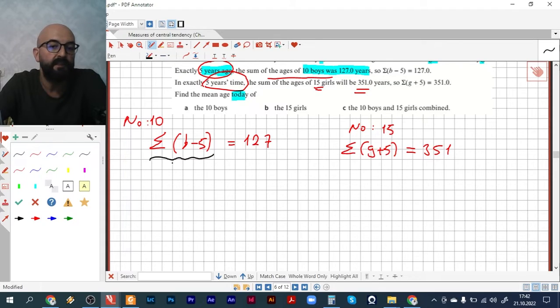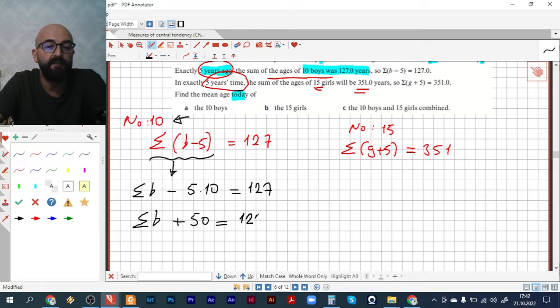For example, I can write the sum of B minus 5 times 10, because we have 10 data, equals to 127, and the sum of age of 10 boys plus 50 and 127, excuse me, no, minus.